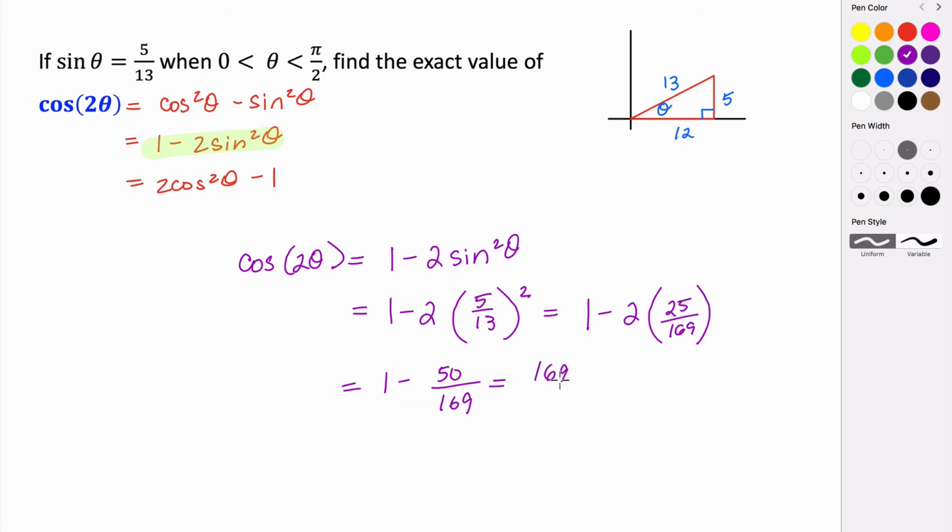So 169 over 169 minus 50 over 169. Take this difference, 169 minus 50 is 119. 119 over 169. These again can't reduce, so that is the cosine of 2 theta. Cosine of 2 theta is 119 over 169.